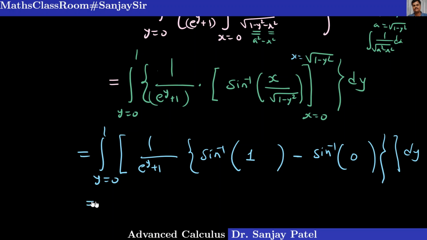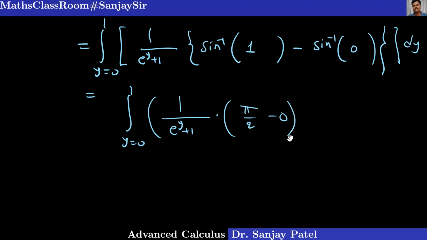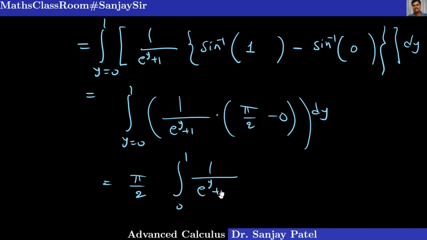So this is equal to, what is sine inverse 1? It is pi by 2. So we get 1 upon e raised to y plus 1 into pi by 2 minus 0 and then dy. So this is equal to pi by 2 times the integral from 0 to 1 of 1 upon e raised to y plus 1.